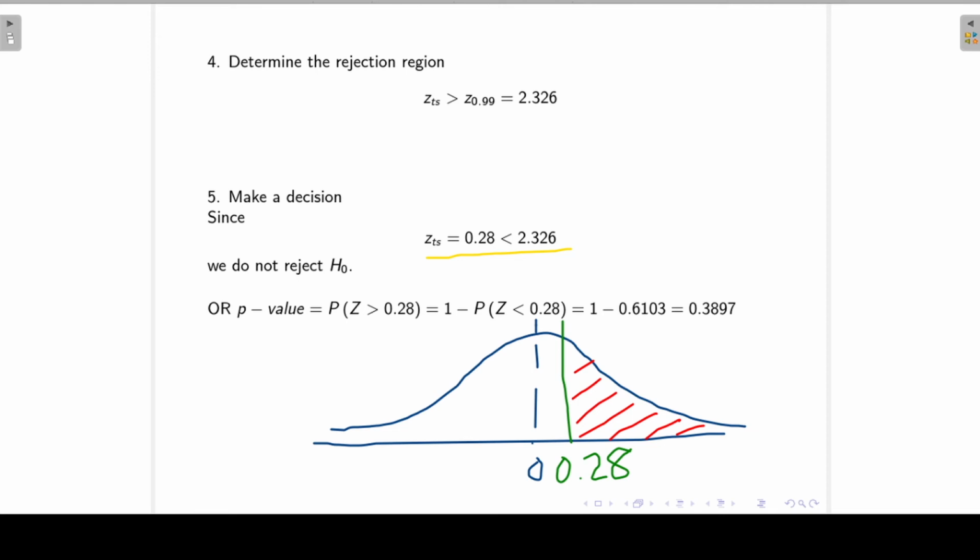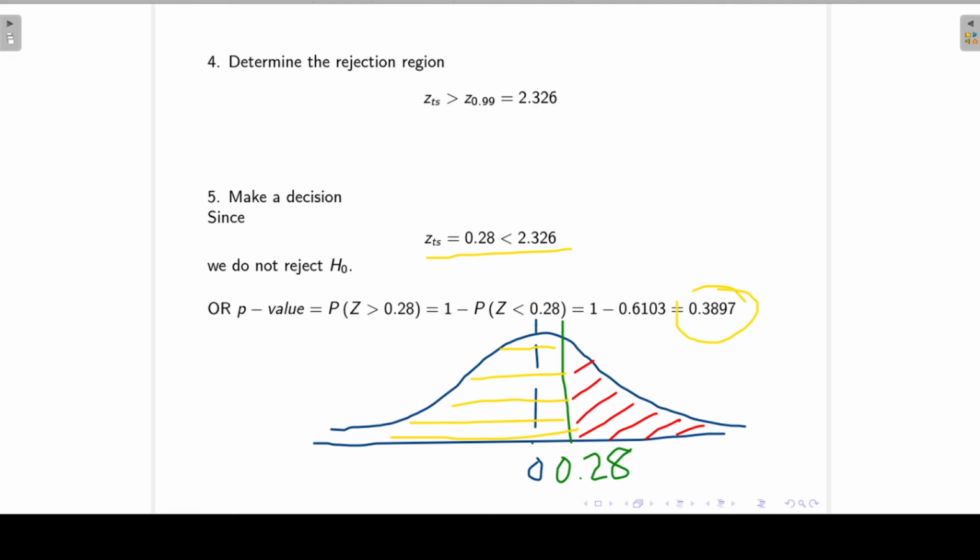So you will see here that the probability of the red area, the area to the right of 0.28, is just 1 minus the area to the left of 0.28, and that is 1 minus 0.6103 to give me a p-value of 0.3897. Finding the p-value is really just revision from work that we've done when we did the normal distribution, and we've calculated p-values multiple times in previous examples.